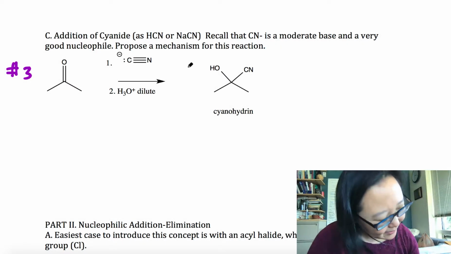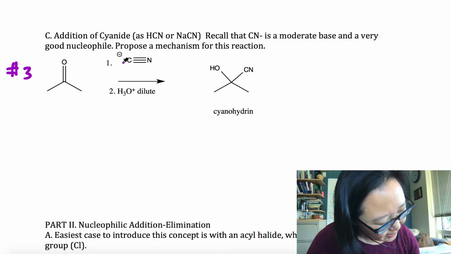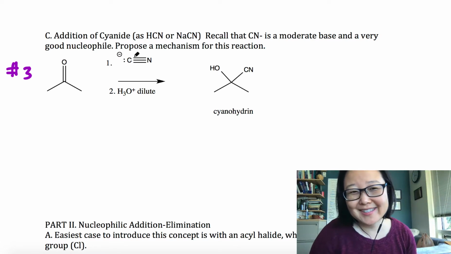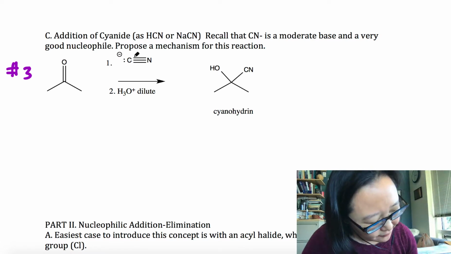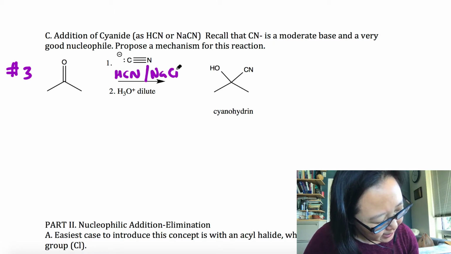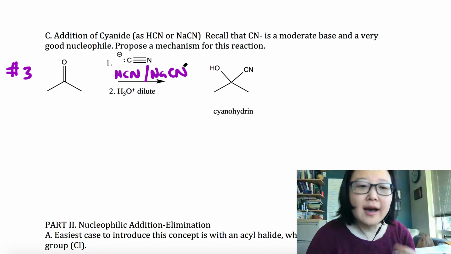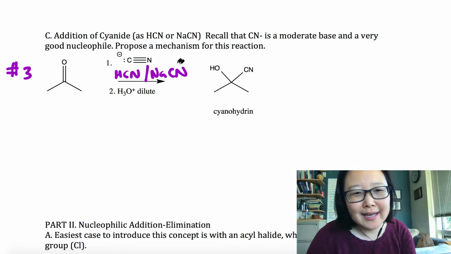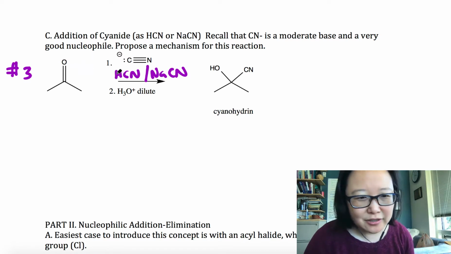All right, so we're back, and I'm going to use the cyanide. Now, cyanide is not always provided to you like this. Just FYI, often you see HCN or you see NaCN, and you're supposed to know, oh, I use the cyanide. Especially NaCN is what this mechanism is for. HCN, we would have to react the acid part first, which I'll show you in a bit.